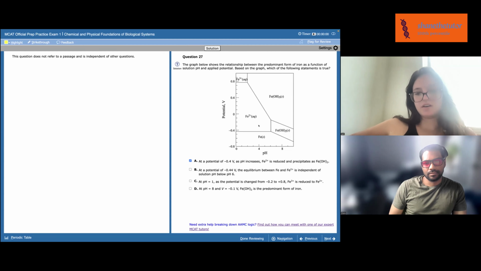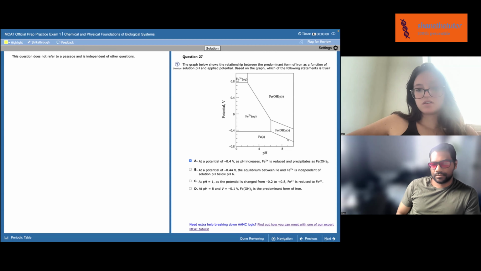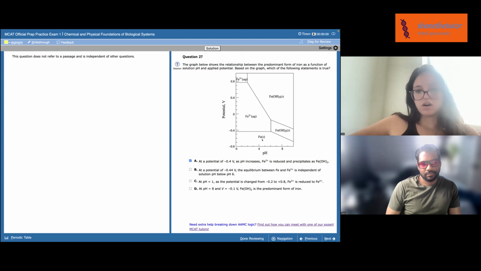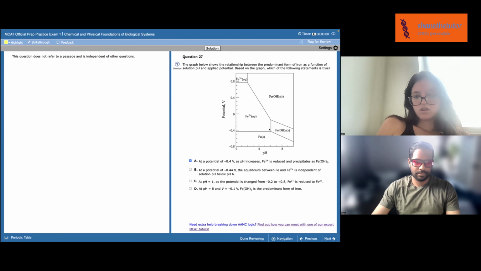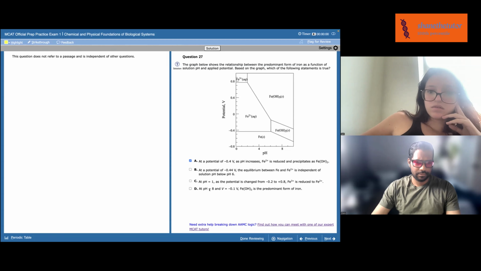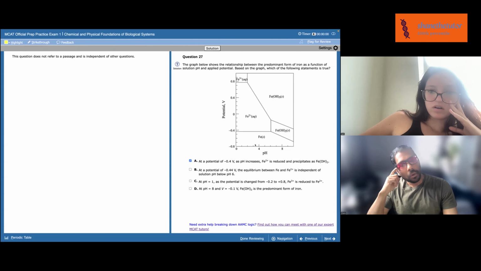Then, is it independent of pH? No, because it's a relationship between them. It's definitely not independent.